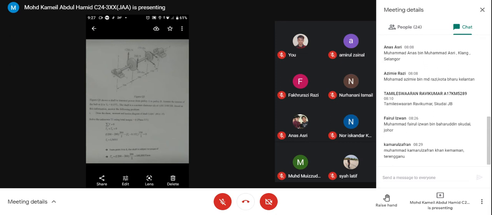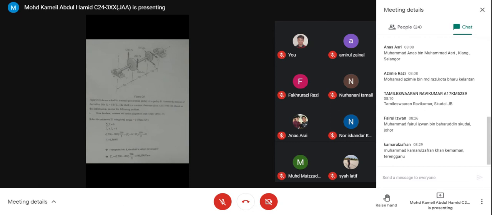Okay, so kita tengok sikit. Figure Q3 shows a shaft to transmit power from pulley A to pulley B. Assume the tension of the belt at B is T2 = 0.15 T1. Yang ni kita dah tengok sebelum ni.